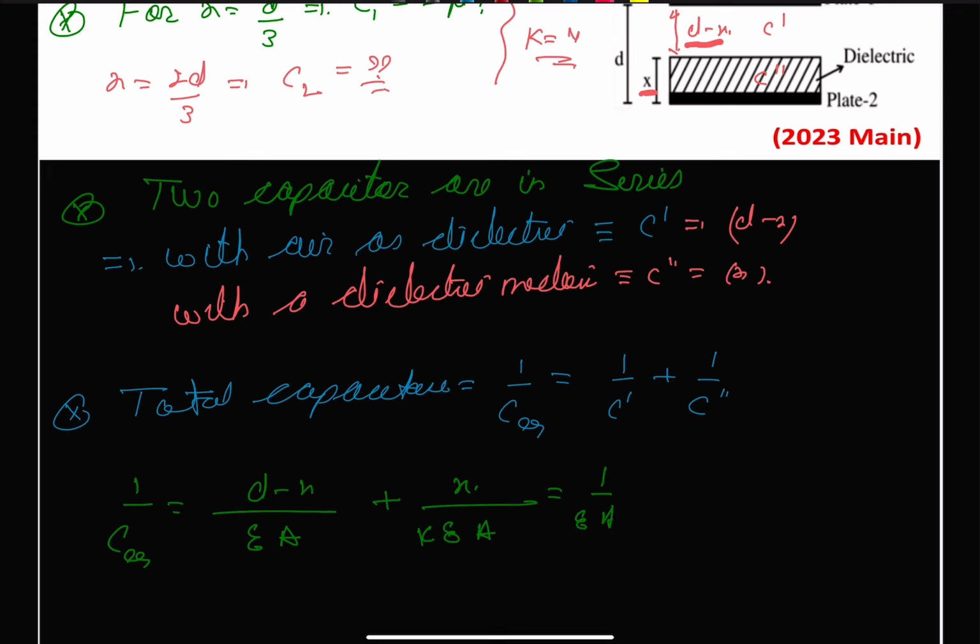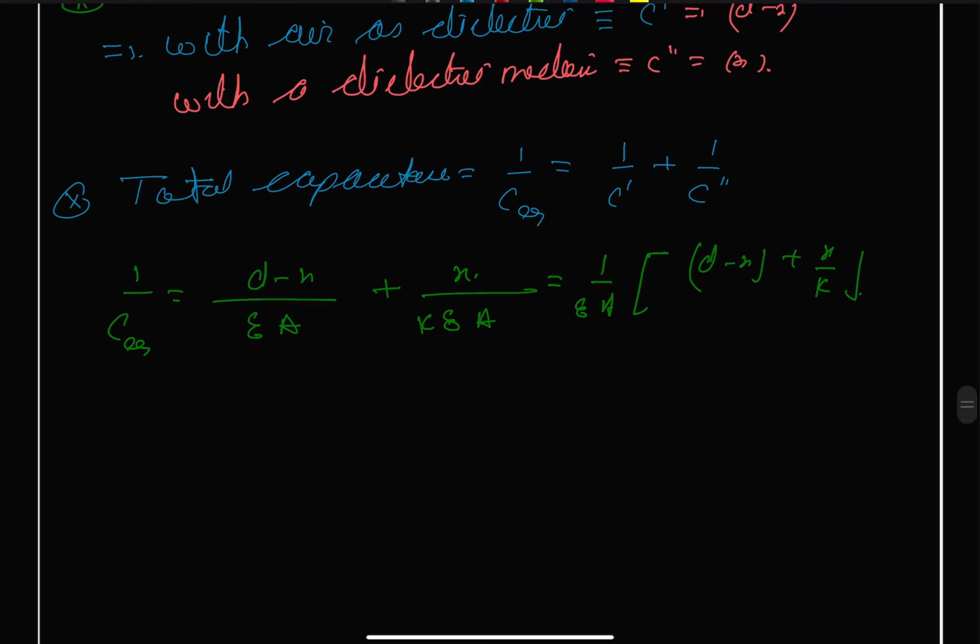This comes as D minus X plus X upon K. So from here we can find our C equivalent, which will be equal to epsilon naught A upon D minus X plus X upon K.